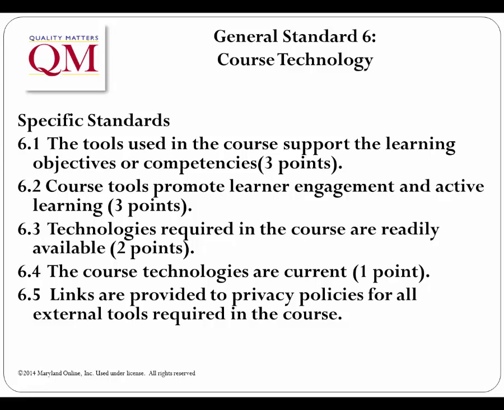And then a 2-point standard, the technologies required in the course are readily available. An important 1-point standard, the course technologies are current. And another 1-point standard, links are provided to privacy policies for all external tools required in the course.